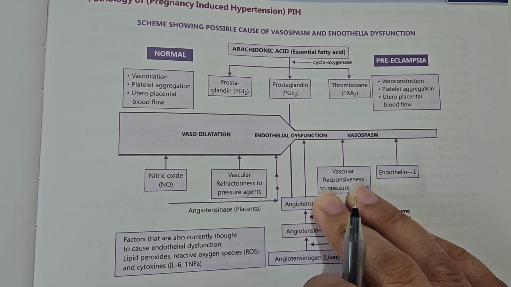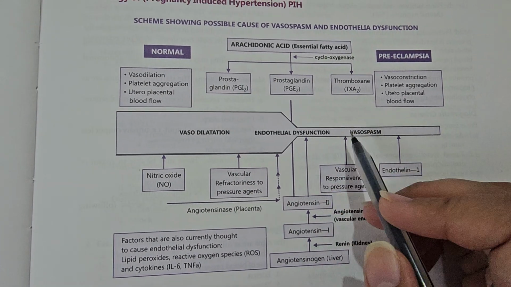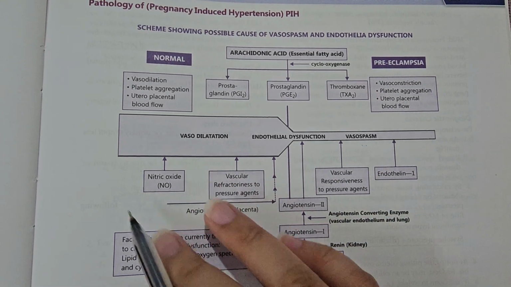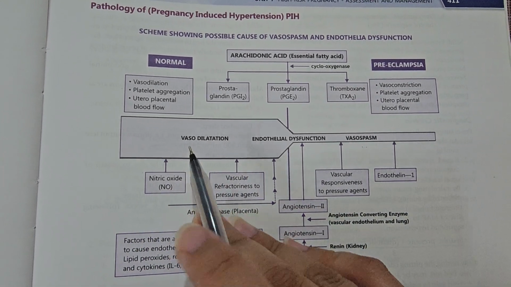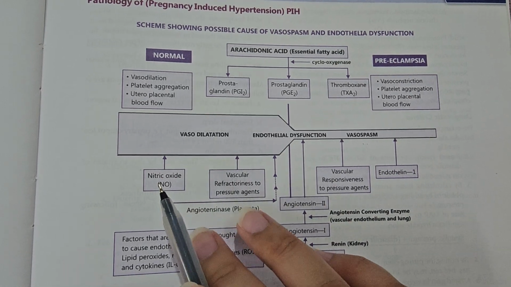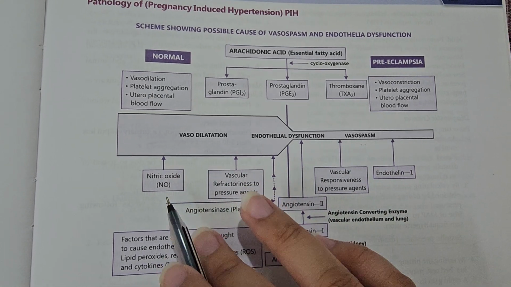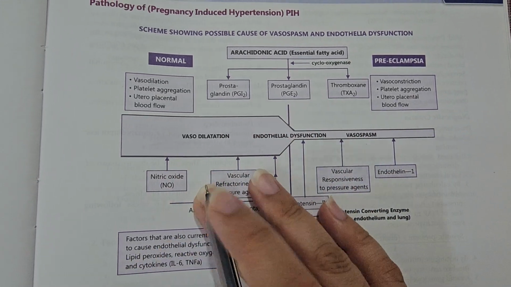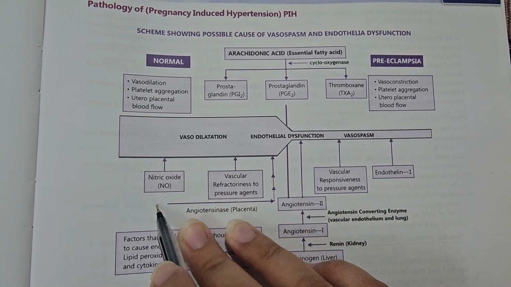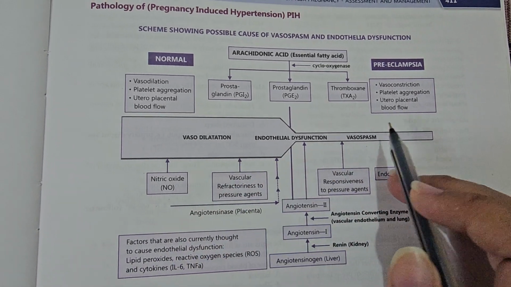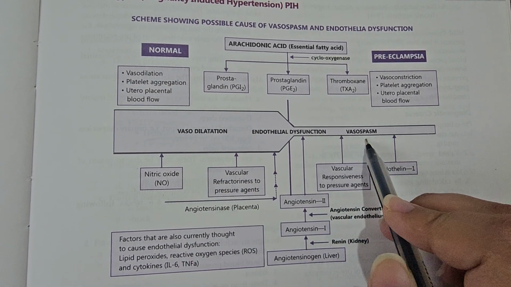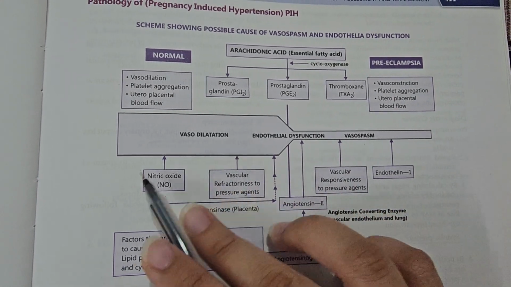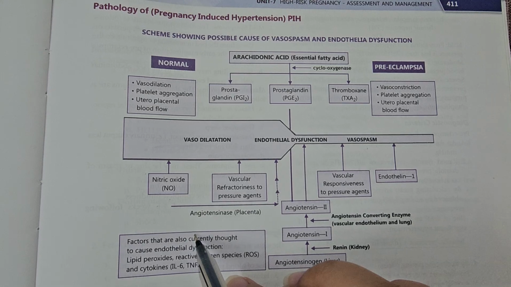Okay, now in order to prevent vasospasm, nitric oxide is released. Why? Because nitric oxide has the property of vasodilation. If you know the function of nitroglycerin, it is related to nitric oxide, which helps to dilate blood vessels. So with failure of vasodilation, nitric oxide is now reduced.